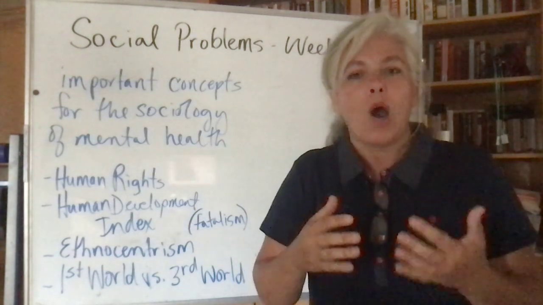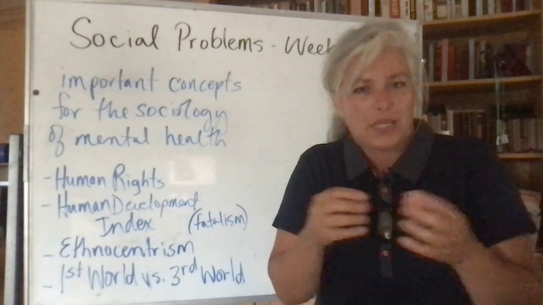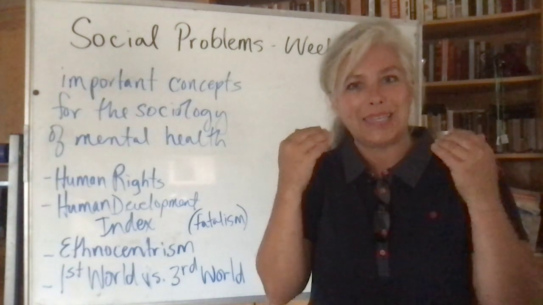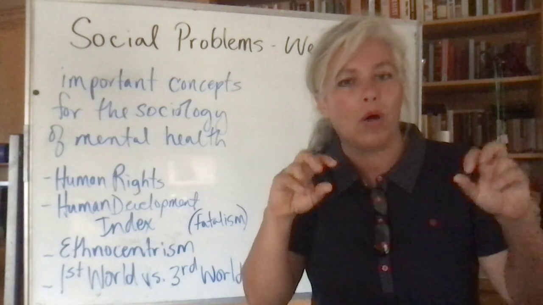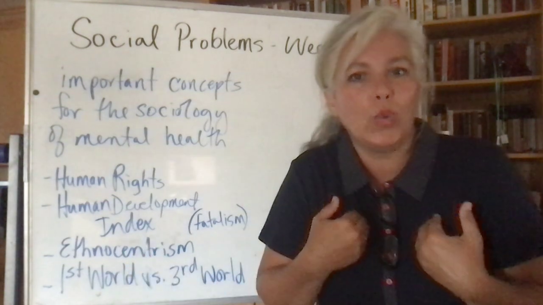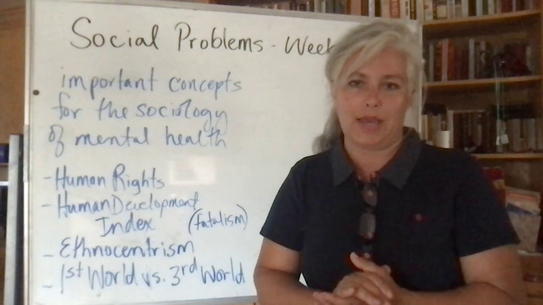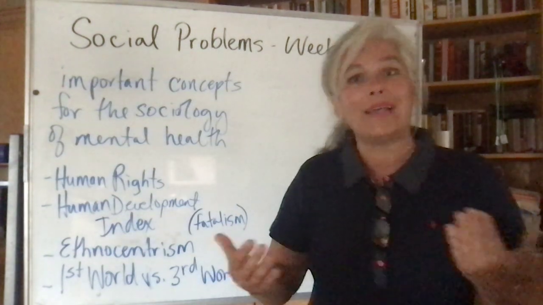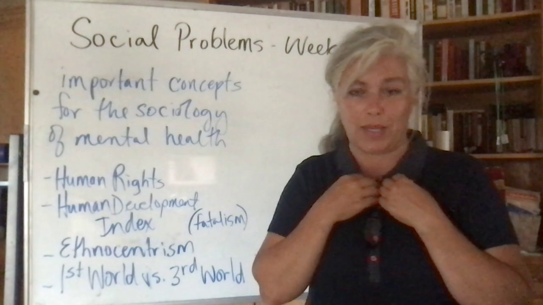And we apply those expectations, those ideas that something is normal, to other societies, and we impose our point of view on other societies. Now, imposing our point of view might simply mean that we make a personal judgment.